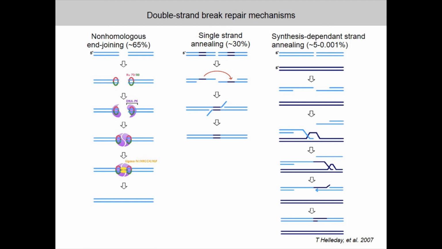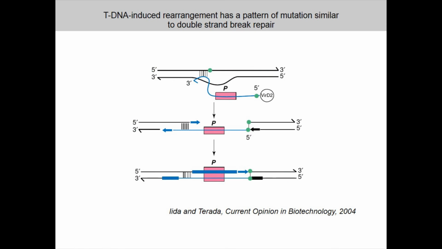Less common, but clearly, as I've shown, this occurs and possibly more frequently than we think. 5% is probably a more accurate estimate: the break site goes into somewhere else in the genome, copies a portion of that, and then comes back to the break site and binds in, and you get basically a gene movement, or at least a sequence movement event. It's also possible that this sequence can copy from its neighbor, and that seems to be what we're finding most often. I think this is pertinent to tDNA-induced rearrangements, because we see a very similar process.